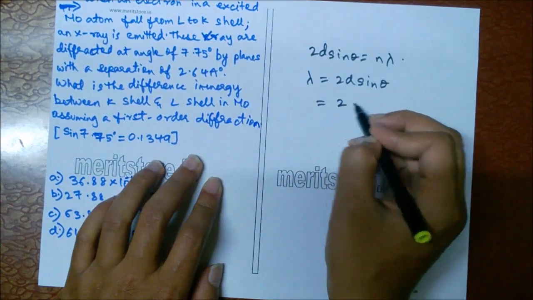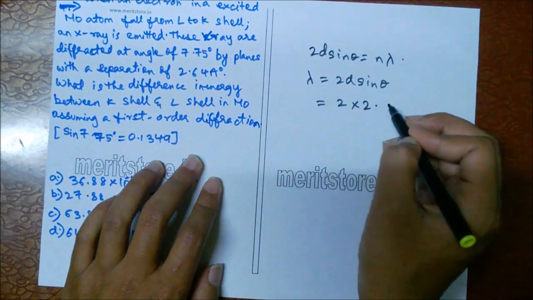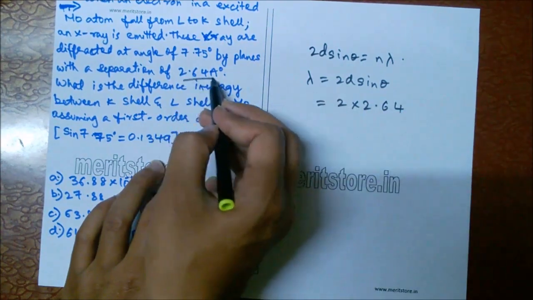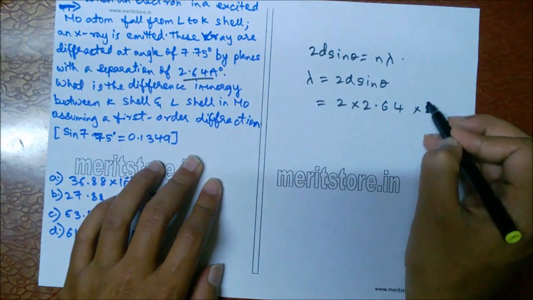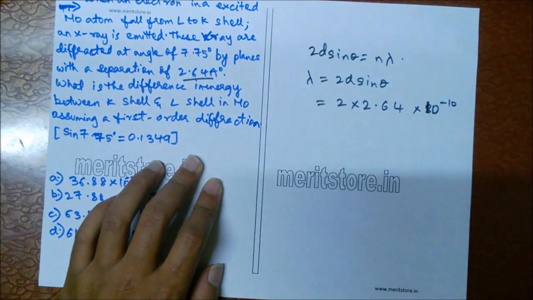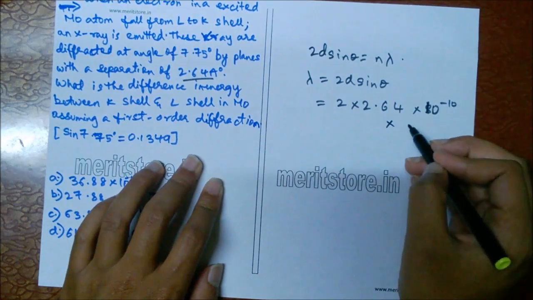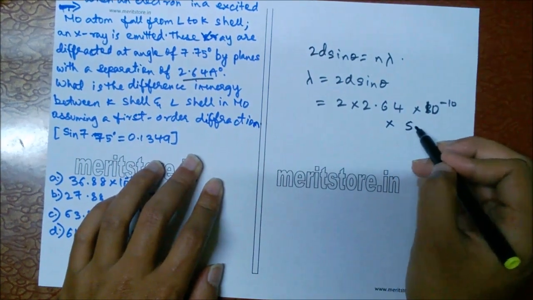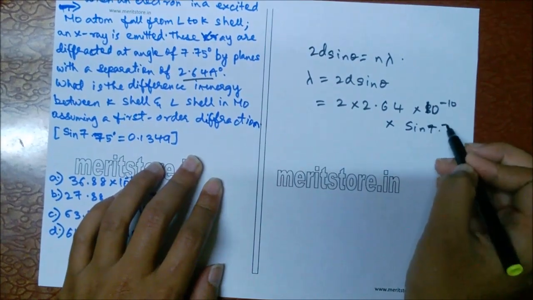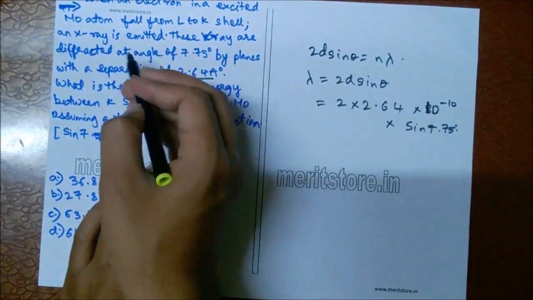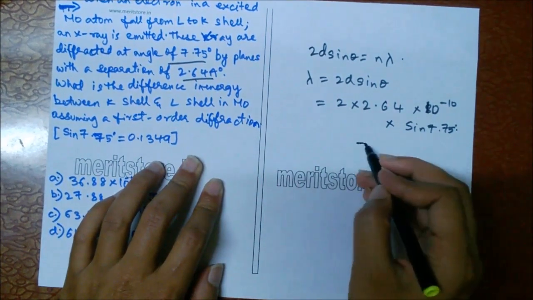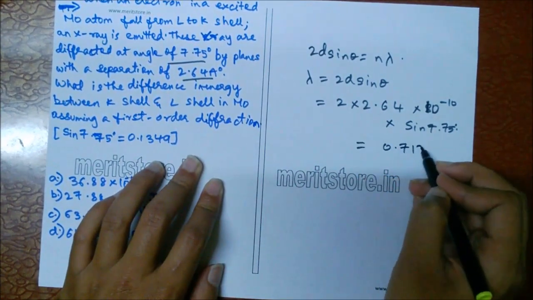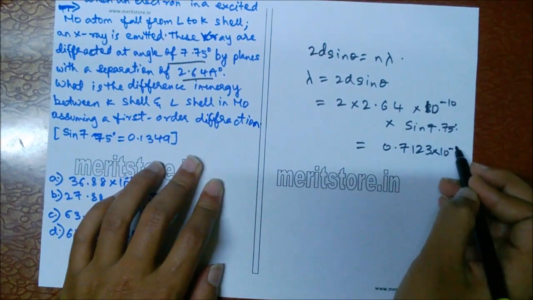Substituting 2 into 2.64 as the separation into 10 raised to minus 10, and sin theta as sine of 7.75 degrees, the diffraction angle, on solving we get 0.7123 into 10 raised to minus 10 meter.